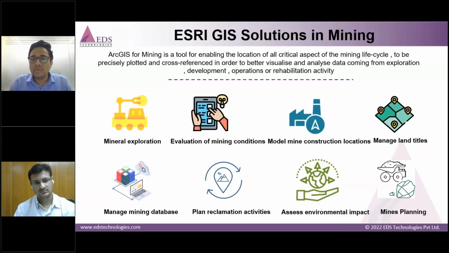And once those informations are traced, they are spatial, so there is no need for other software to do those things. It cuts down all dependency on other sources. One software can do all those things. We can use those data in mineral explorations, evaluating the mining conditions.